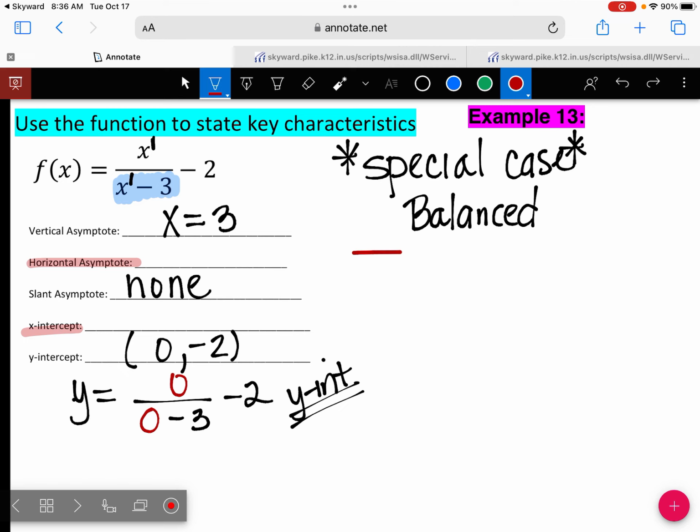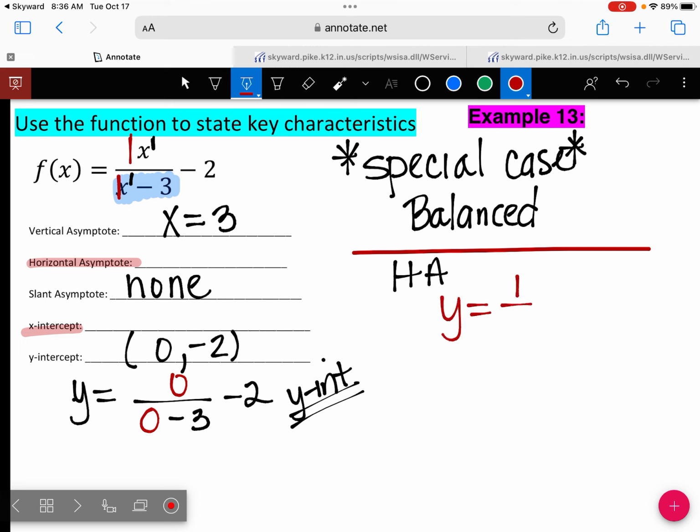Let's start with the horizontal asymptote. For my horizontal asymptote, because it's balanced, I'm going to divide my leading coefficients, which would be y equals 1 divided by 1, and you have to subtract that 2. You can't ignore that 2. So instead of it being just y equals 1, we have to subtract the 2 from that.